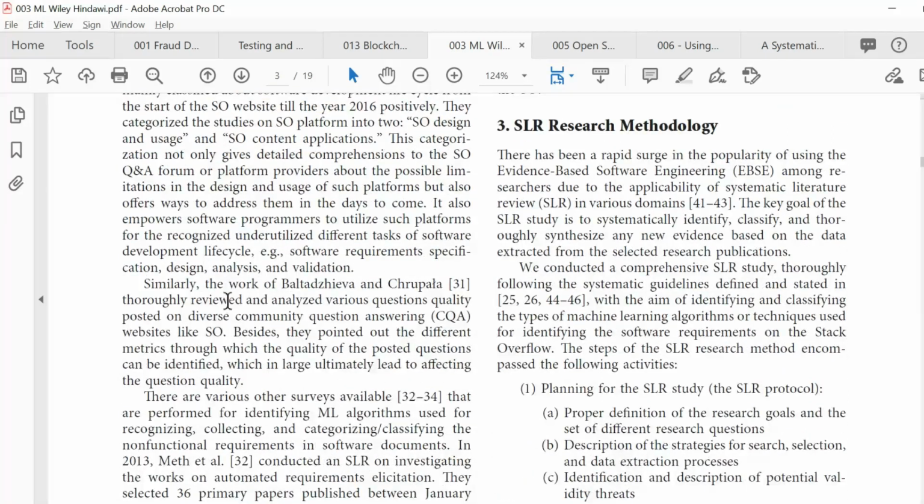Similarly, the work by this group thoroughly reviewed and analyzed various questions, quality posted on diverse community question answering websites like SO. Besides, they pointed out the different metrics through which the quality of the posted questions can be identified. So this is a very good contribution.